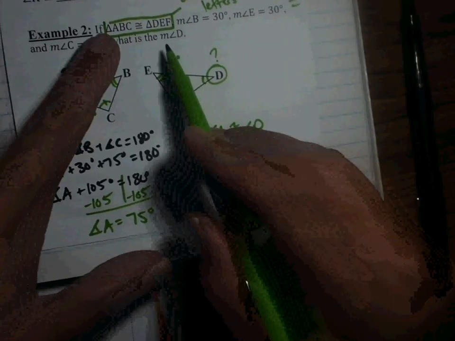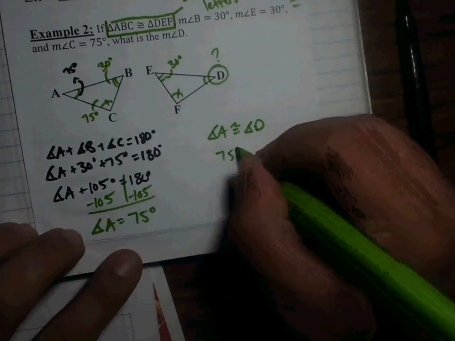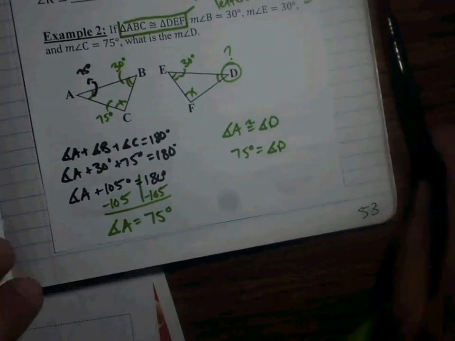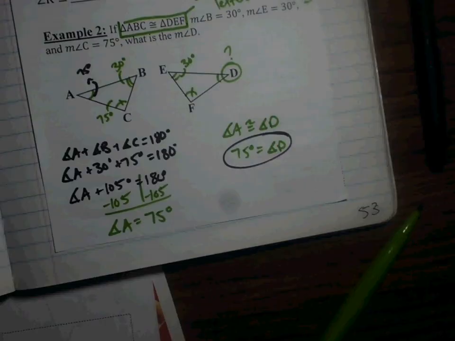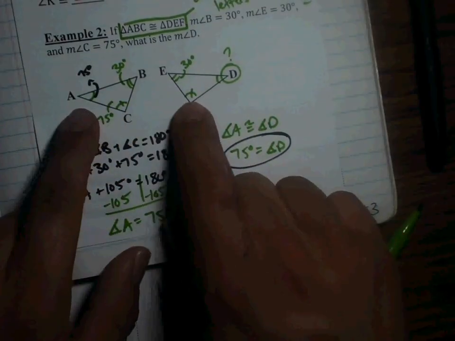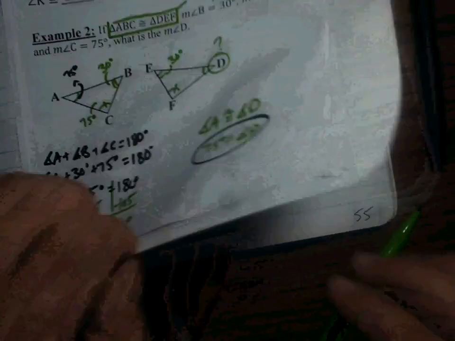It's what we talked about with congruent triangles. They're congruent, so that means that 75 is equal to angle D. And so that's our answer. And again, it helps out because we know these are congruent. We know that D and A are congruent and C and F are congruent because these two triangles are congruent. All right.